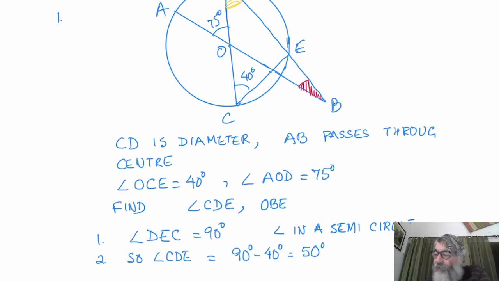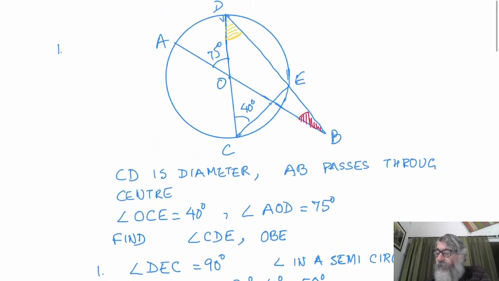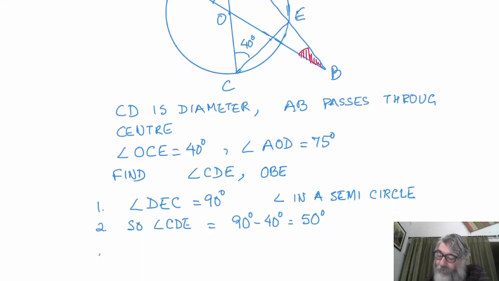Now we have to calculate the red angle. Please understand, I can calculate angle DOB. Angle DOB can be calculated as 180 minus 75 degrees. That will come out to be 105 degrees. Why?